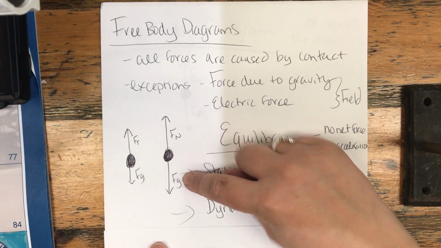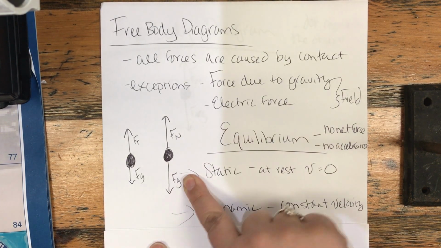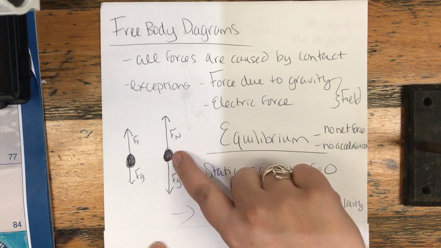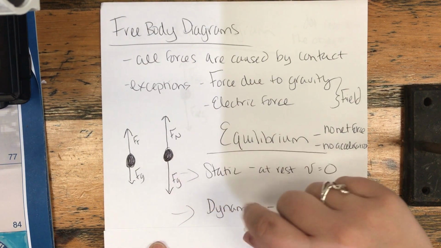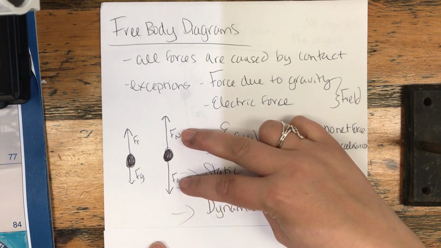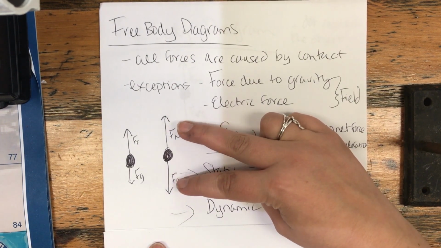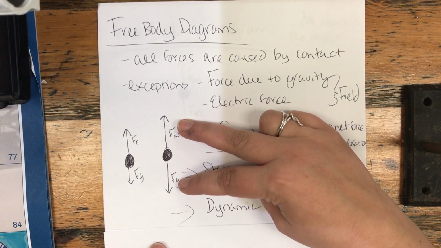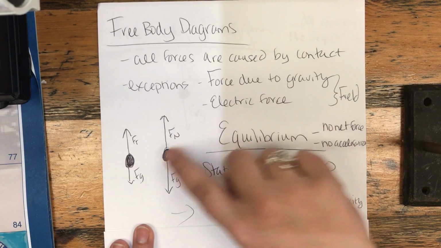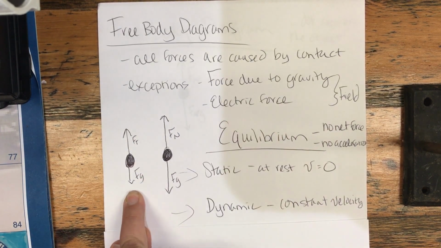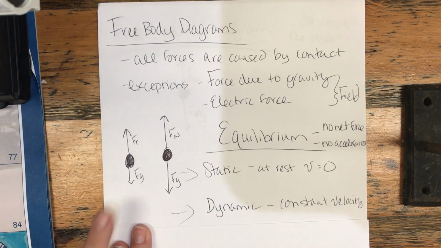You have the arrows originating from the object, coming into contact with it, and also showing relative lengths. If something has the same force up and down, make sure that the arrows look about the same length. Whereas if something has a greater force up than down, so this one looks a little bit shorter than the top one, you can show a scale.